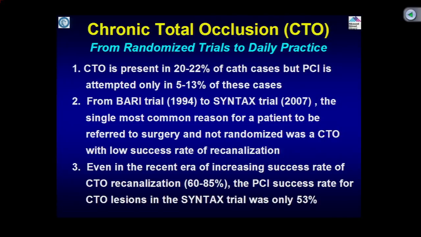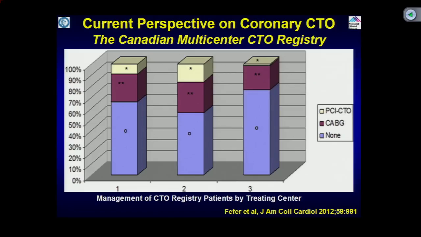First, the current status. We all know that CTO is the problem: from BARI to SYNTAX, the majority of the patients who go for surgery do so because they are CTOs. Success rate has increased, and is clearly now 60 to 85%.